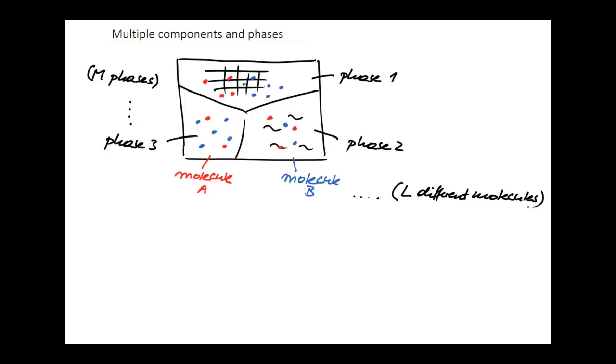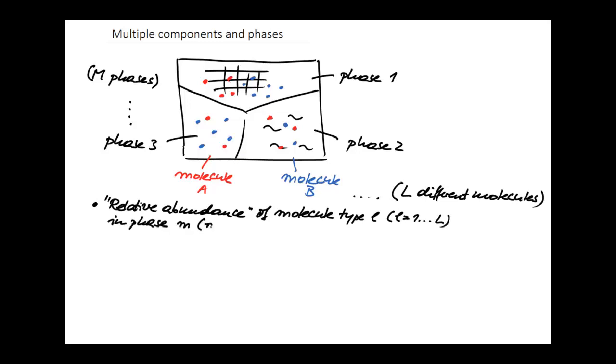Now, in each phase, you have a certain number of molecules of a certain type. And you can define the relative abundance of a molecule type L, where L goes from 1 to capital L, in the phase M, where M goes from 1 to capital M. So let me indicate this in this form.